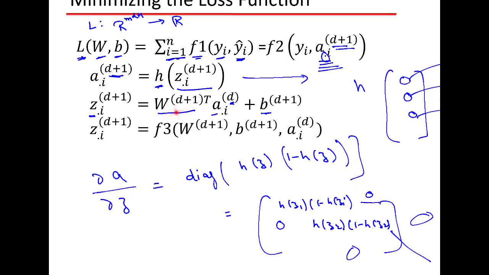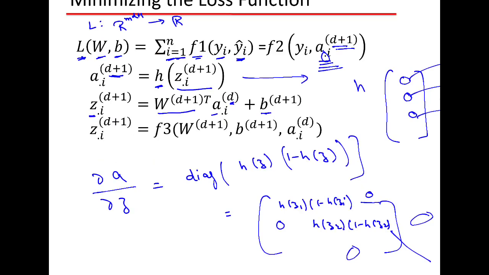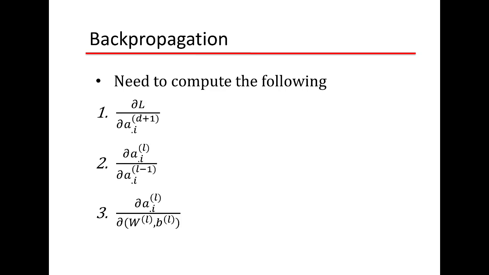But I also have to find the derivative of the output with respect to the weights of the previous layers, and they influence it through A_D. So what do I have? I also need to compute the derivative of this loss with respect to A_D, so that I can compute the derivative of loss with respect to the weights in the previous layer. And I keep doing that for each layer going back. So that's essentially the backpropagation.